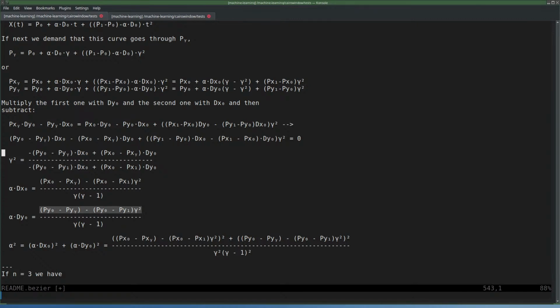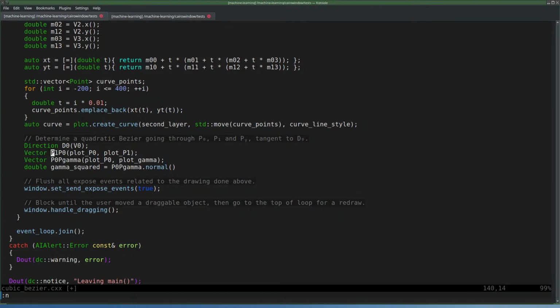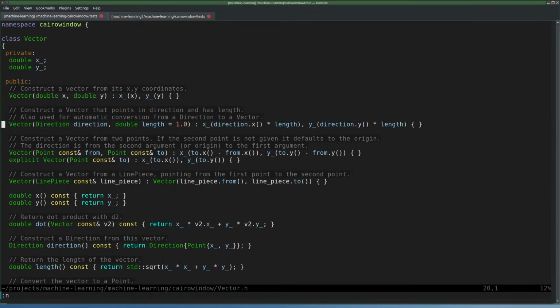So I was working on this one. I need something that has the x coordinate of plus 0 minus gamma. And I'm passing 2 points.